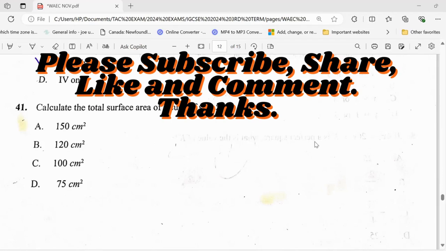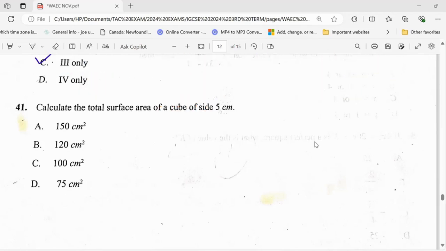So let's proceed to question number 41. We want to calculate the total surface area of a cube of size 5 centimeters. So the TSA, total surface area of a cube, is gotten by this formula, that is 6 times one of the sides raised to power 2.